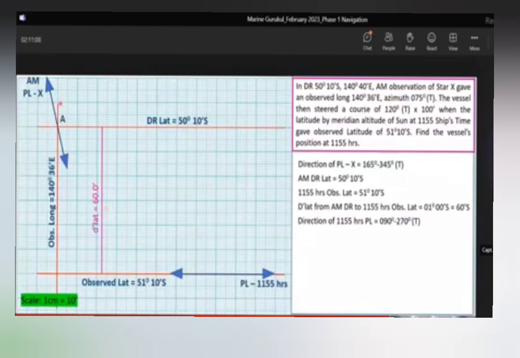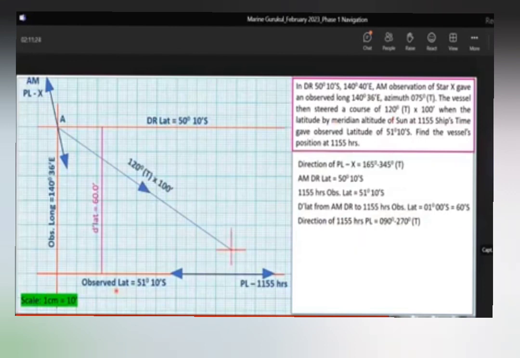So point A is a point on the first PL. We draw the course of 120 degrees true, 200 miles, using the same scale which has been chosen here.